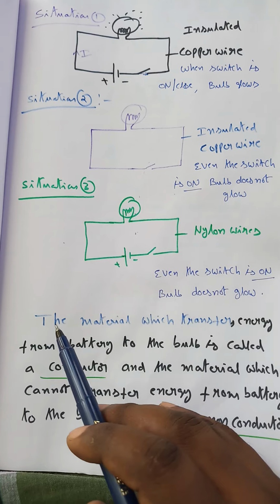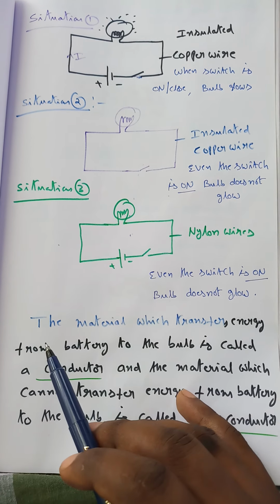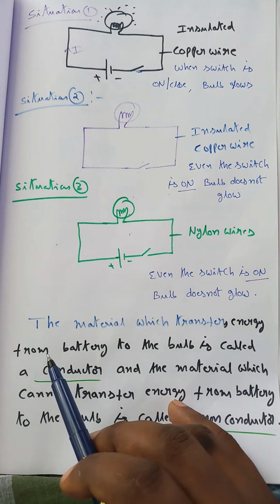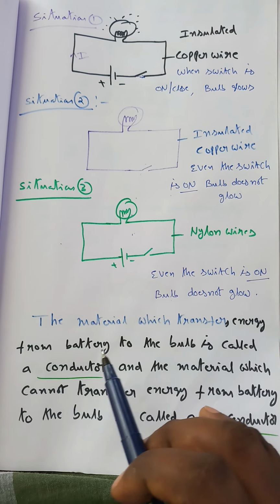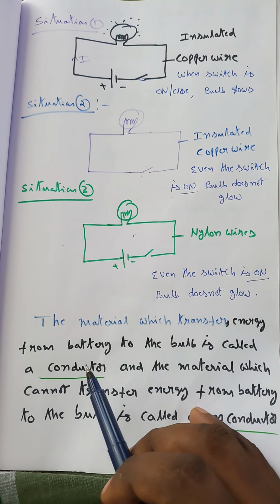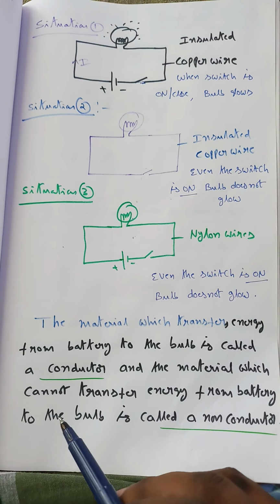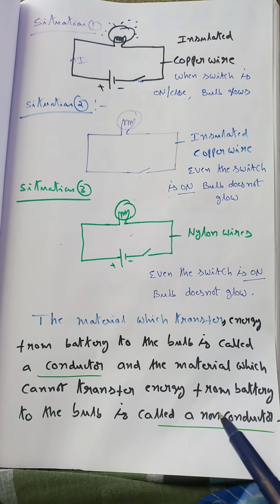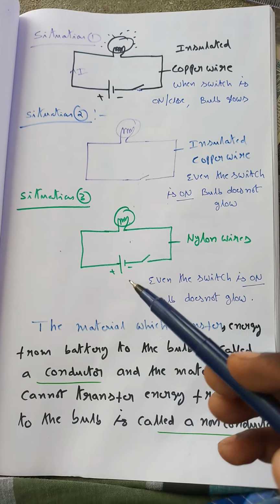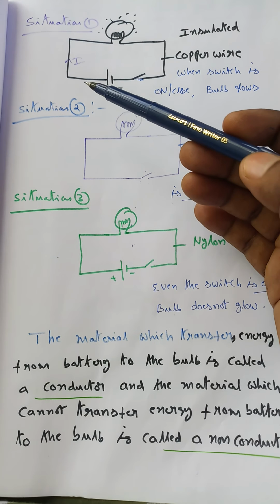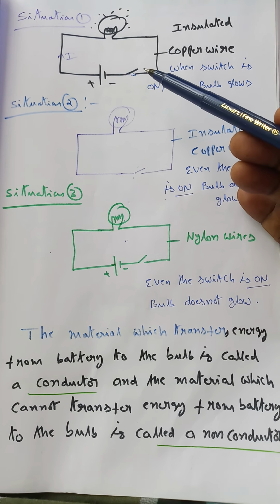See here, the material which transfers energy from the battery to the bulb is called a conductor, and the material which cannot transfer energy from the battery to the bulb is called a non-conductor. Here we used a copper wire.